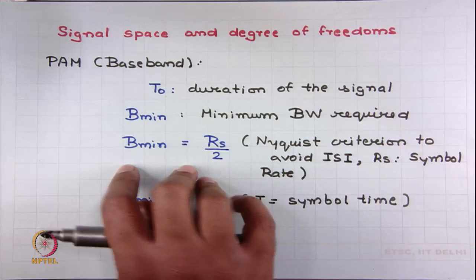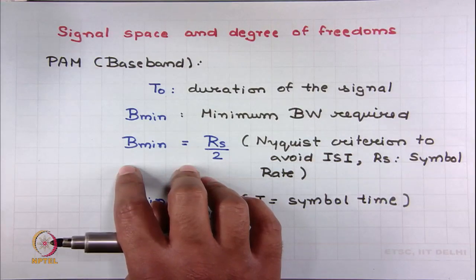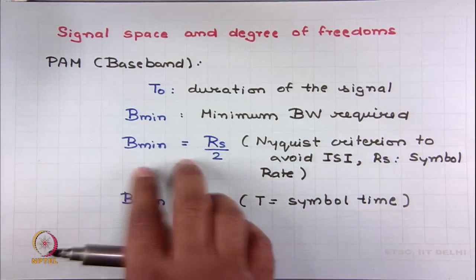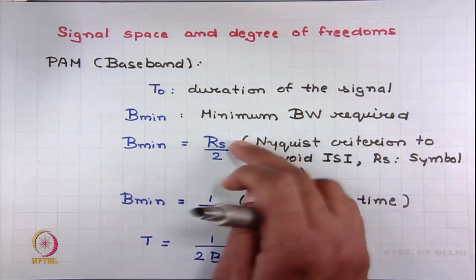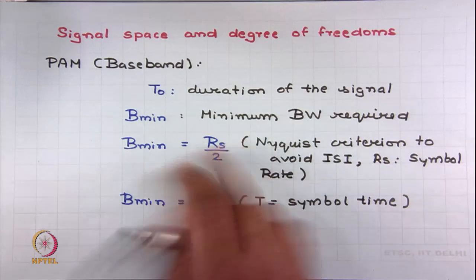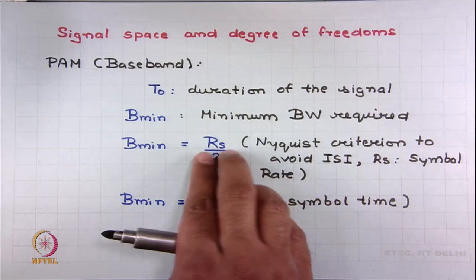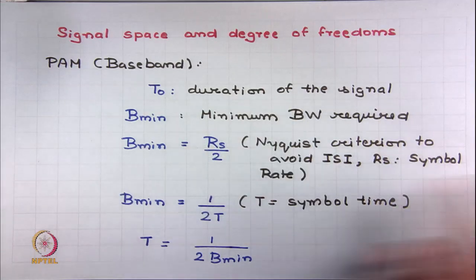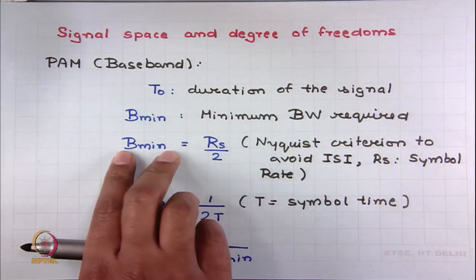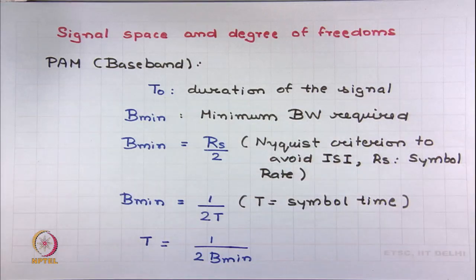In lecture 25 on Nyquist pulse shaping we have seen that the minimum bandwidth required is RS by 2, where RS is the symbol rate. If you are generating symbols at the rate RS, then the minimum bandwidth that you require is RS by 2 to avoid intersymbol interference. So, this is the absolute minimum bandwidth that we would require.